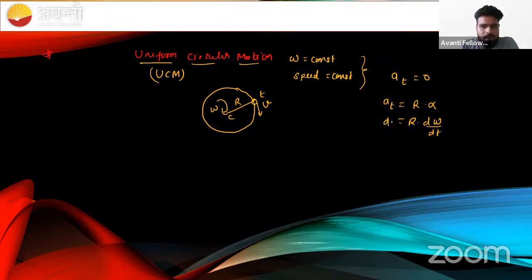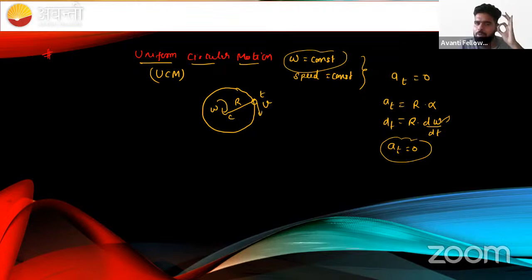In uniform circular motion omega is constant, so this quantity is not going to change. The change of omega with respect to time is 0, so alpha is 0.